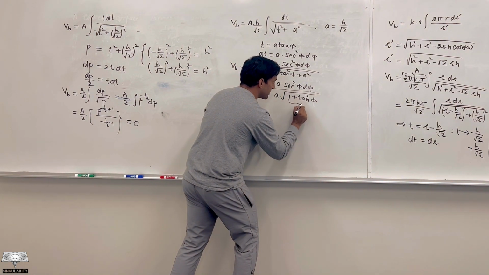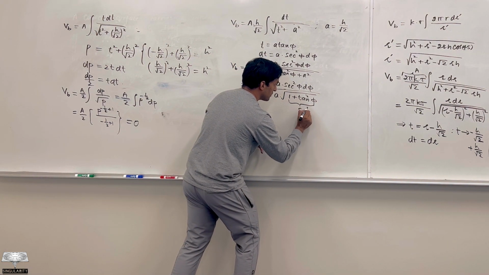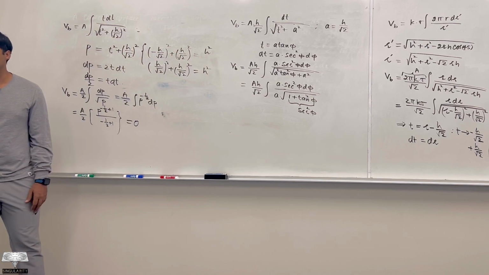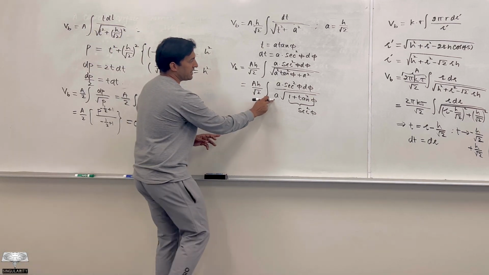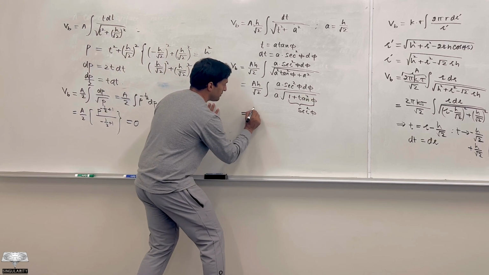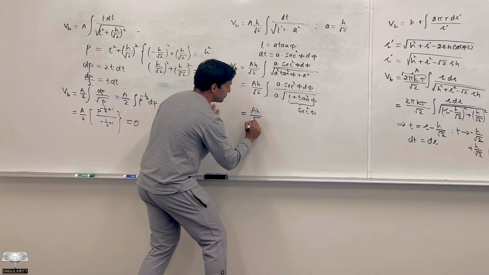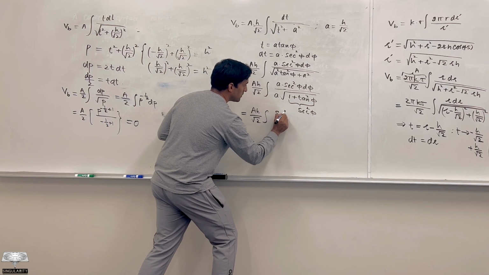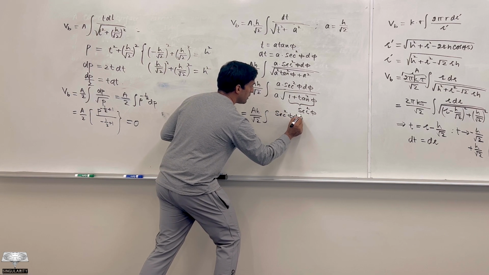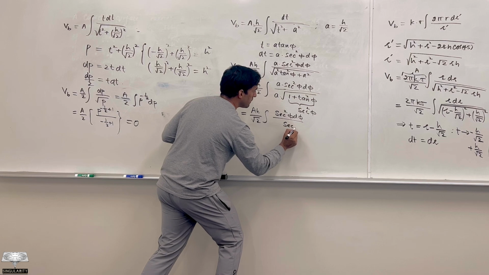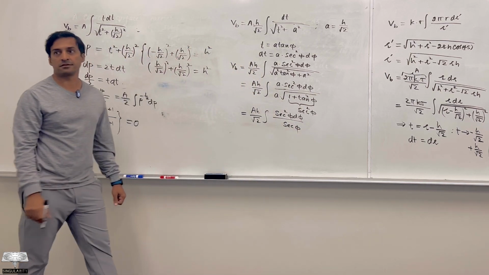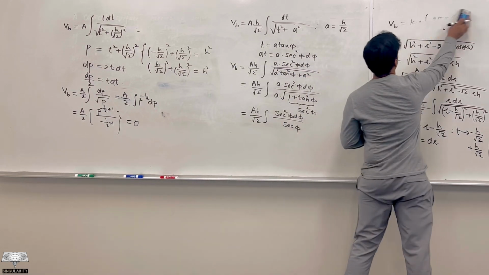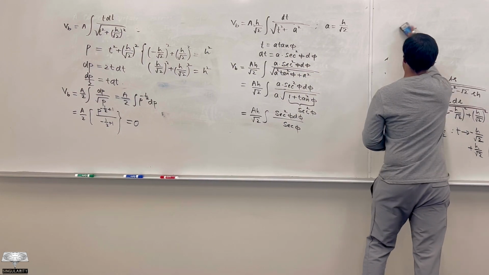This term 1 plus tan square phi is equal to secant square phi, and its square root will just give us secant phi. So then this a cancels out, and this entire term becomes a h divided by square root 2 integral of secant square phi d phi divided by secant phi. And one secant goes away and we are just left with the integral of secant.